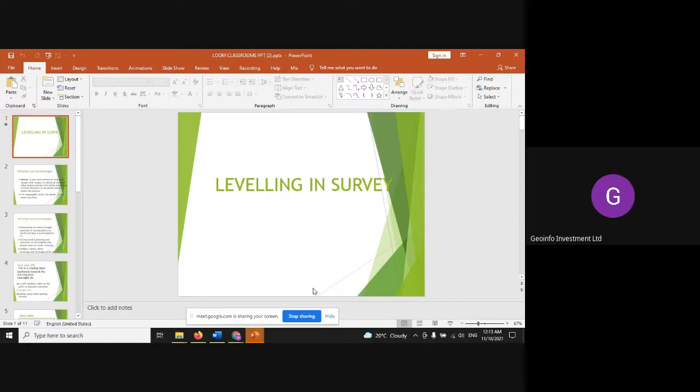And we say we book readings using a leveling field workbook, whereby we book the first reading as backsight, the second one as intermediate sight, and the final one as foresight.